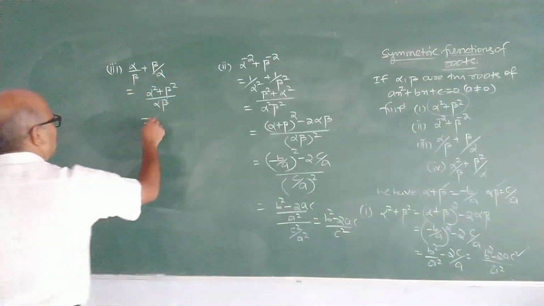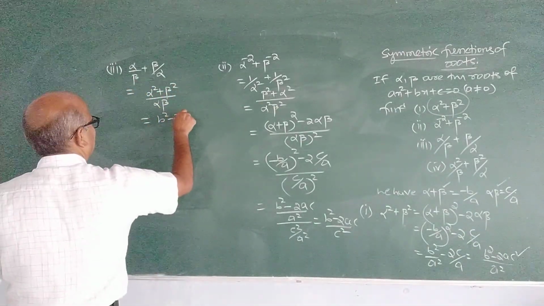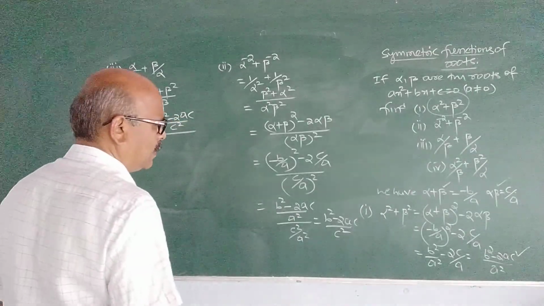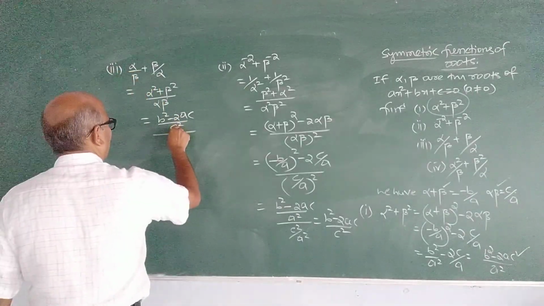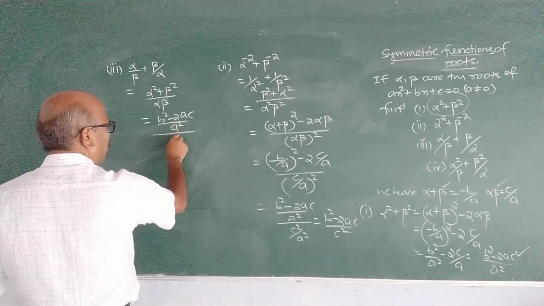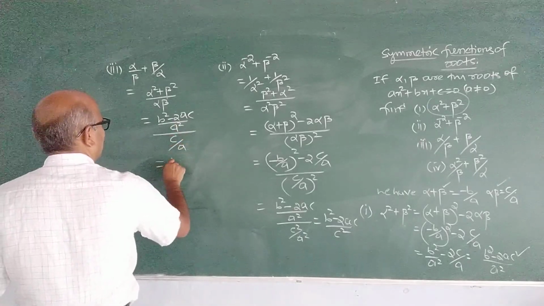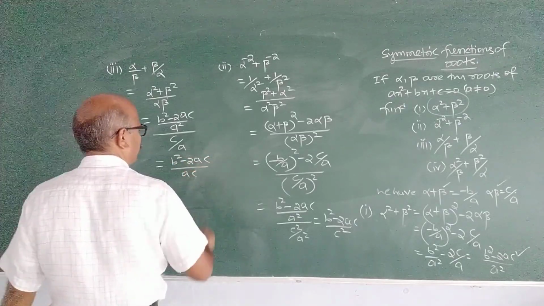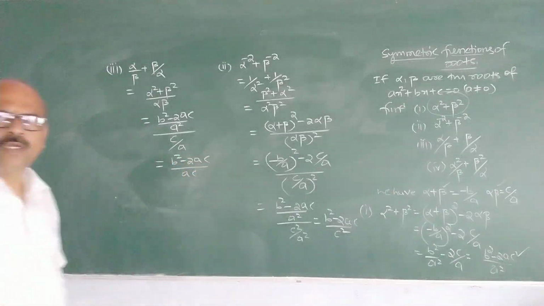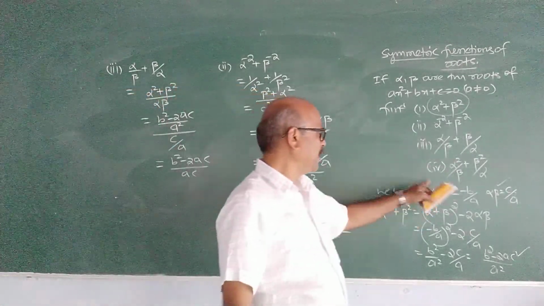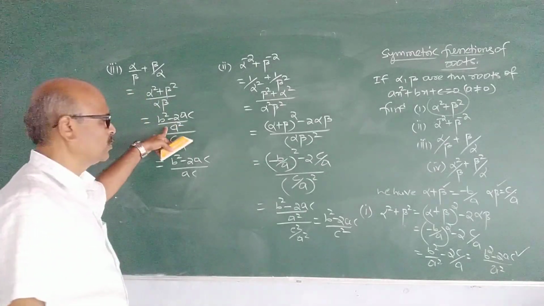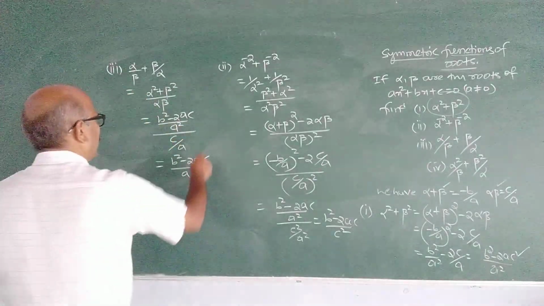It is b square minus 2ac upon a square, divided by alpha beta, which is c by a. So it is b square minus 2ac upon ac. Follow now how it is obtained. I have directly taken the value of alpha square plus beta square here because we have obtained it in the first one.